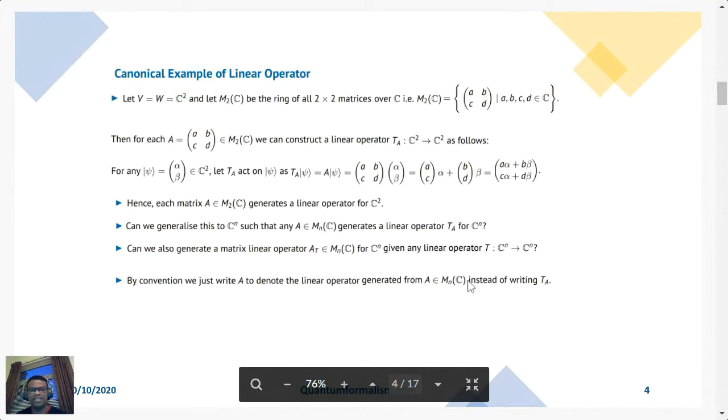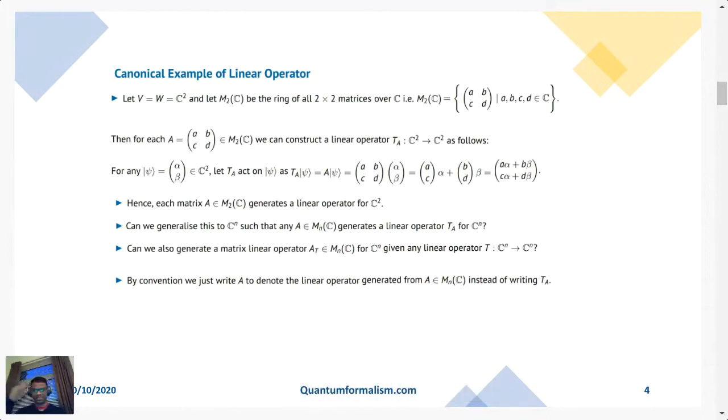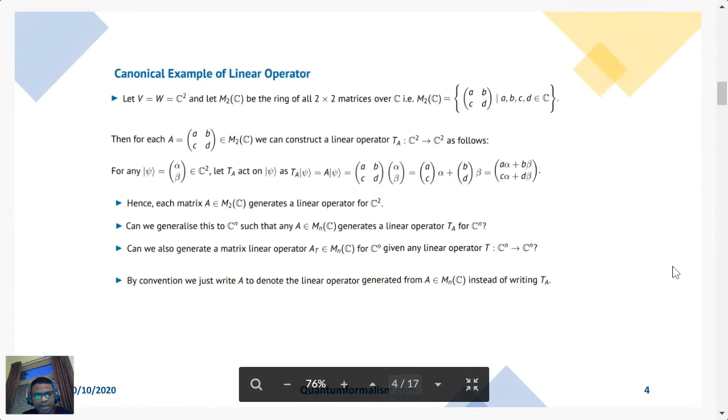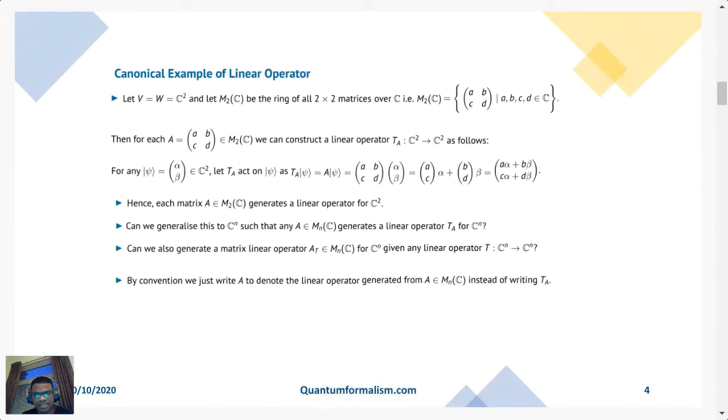And the answer is yes, and we will do that in the next session. So yeah, in terms of building canonical operators, I hope you've gone through the materials. The materials have more stuff, all these concrete examples about operators, especially in Fn, where F can be the field C.